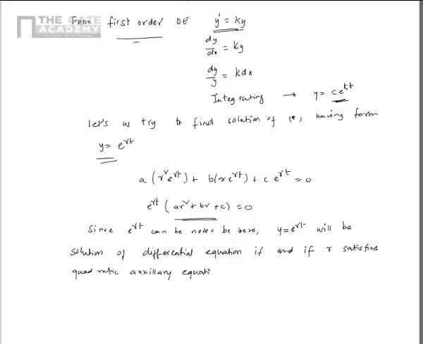So remember what we did: we substituted y equals e^(rt) and got this equation. For the differential equation to be satisfied, this equation has to be 0, and e^(rt) cannot be 0 at any time. So your quadratic auxiliary equation a r^2 plus br plus c has to be 0 for y equals e^(rt) to be a solution.